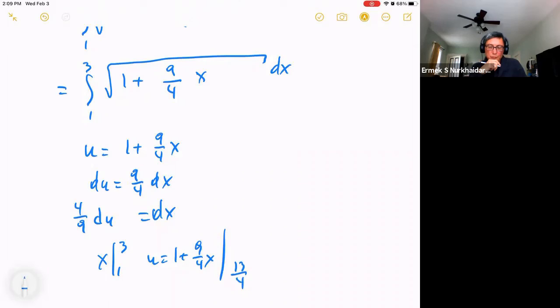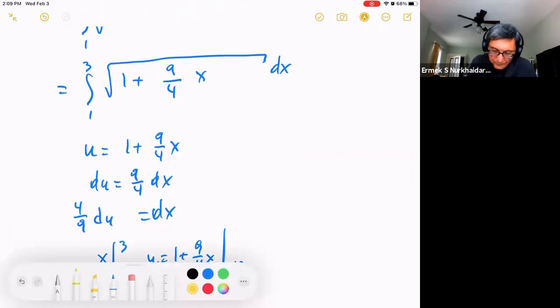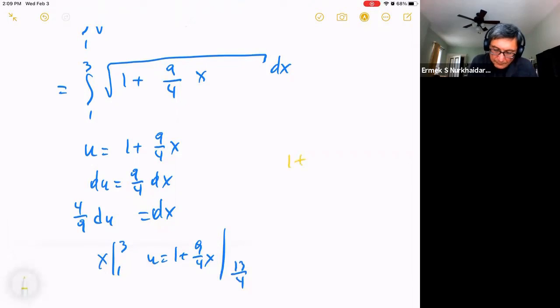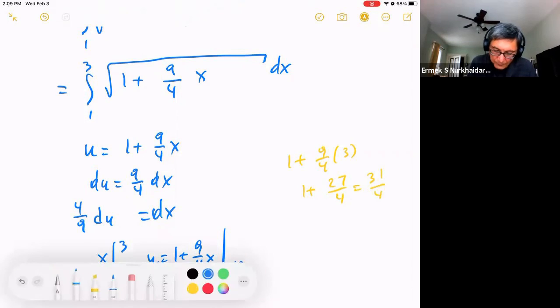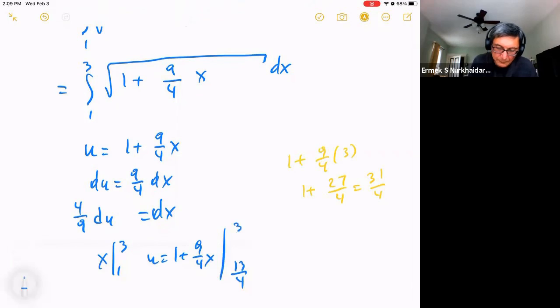Substituting 3 for x, we're going to get 1 plus 9/4 times 3, so 1 plus 27 over 4, which is 31 over 4. So that's going to be on top. So that's a substitution which you will do.